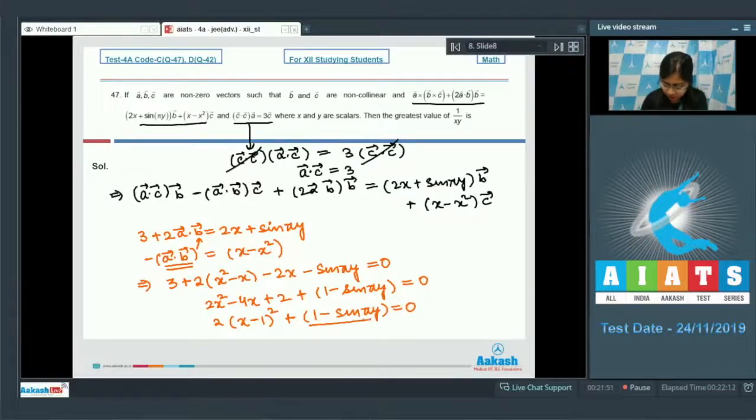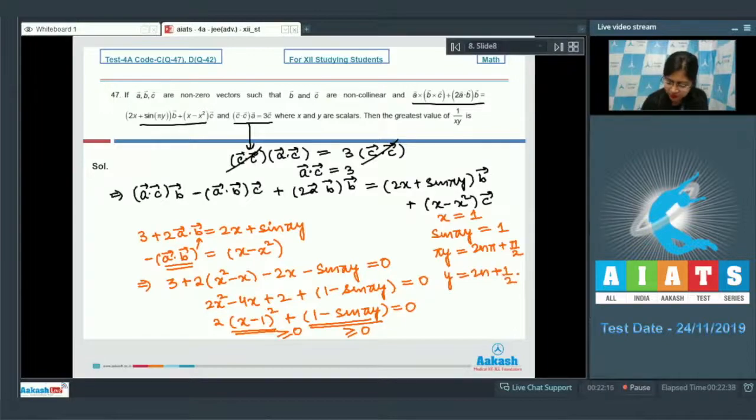Now as both of these brackets are greater than or equal to 0, both should be equal to 0, which means that the value of x is equal to 1 and the value of sine pi y is equal to 1. So it gives us pi y equal to 2n pi plus pi by 2. So the value of y is 2n plus 1 by 2.